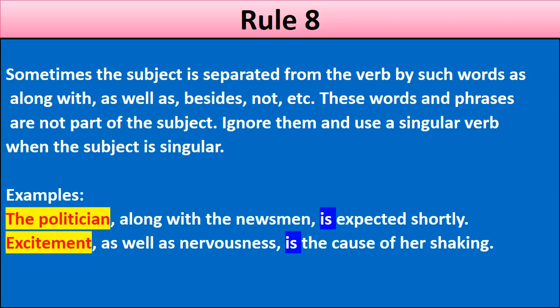So here we are talking about the politician and the remaining phrase gives us additional information about the subject. So that is why the verb provided is is. Excitement as well as nervousness is the cause of her shaking. So here too our subject is excitement. That is why we have provided the verb is.